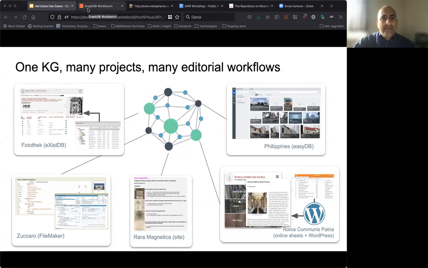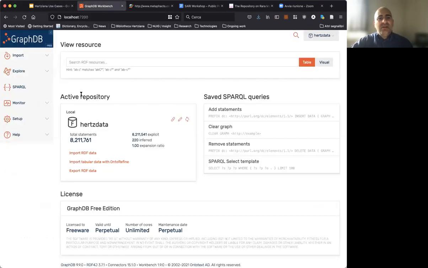Now, I'm going to show you quickly. I have currently re-engineered some of these projects' data into RDF graphs, currently loaded into GraphDB. I'm showing you a local instance because there are currently some technical issues with the network of the Hertziana being re-engineered, but I can assure you it's also on the Hertziana as well.